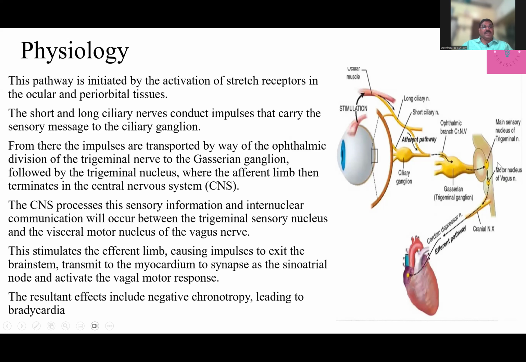Stimulation of the afferent limb causes impulses to exit the brainstem and travel to the myocardium, synapse at the SA node, and activate the vagal motor neurons, finally ending in bradycardia. The resulting effects include negative chronotropy leading to bradycardia. So when the afferent limb is activated, internuclear communication activates the vagus nucleus, and the vagus acts on the SA node, decreasing the heart rate. Finally, it's bradycardia.